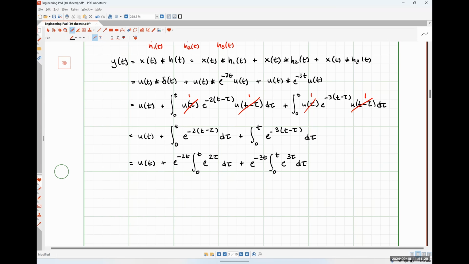The integral of e to the at is 1 over a e to the at, right?